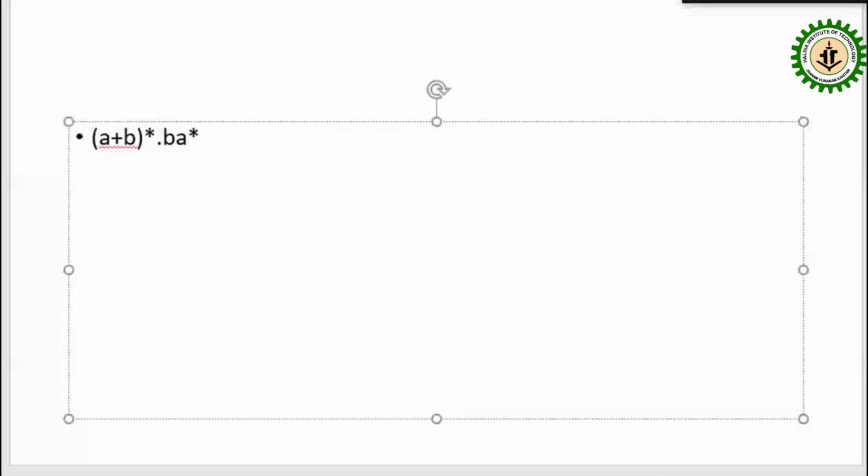I'm telling you here b dot a star, that means b single, not (ba) whole star. Find the epsilon NFA and the corresponding DFA. All right, try to solve it yourself and submit it.